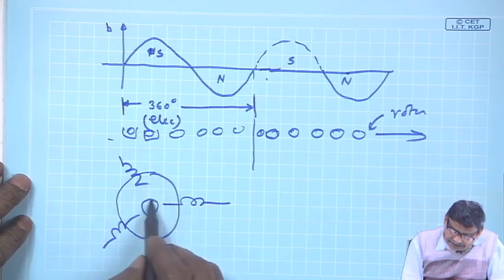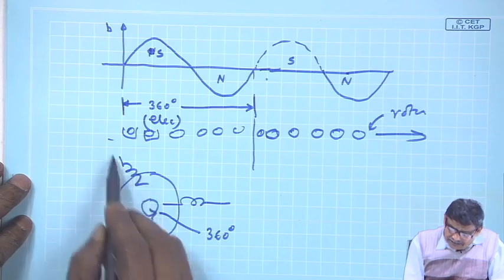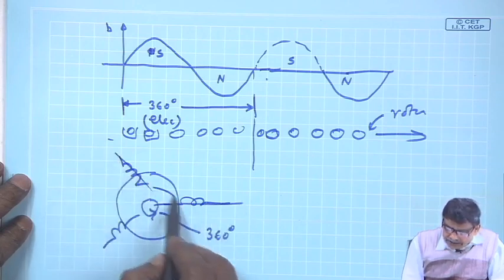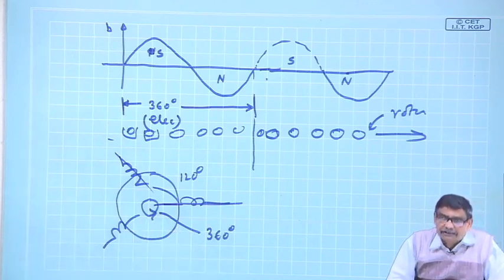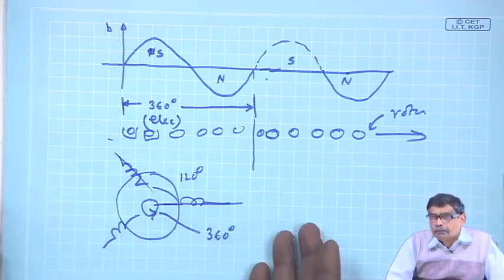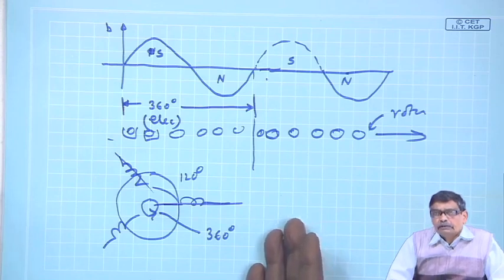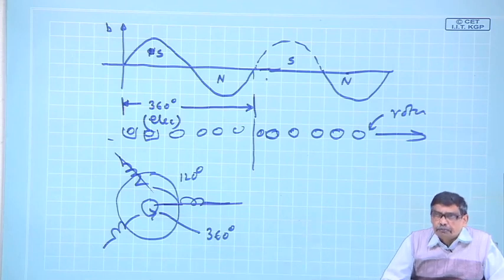This whole angle is 360 degrees electrical, and these coils are 120 degrees apart electrical. So, you measure everything in electrical terms and try to analyze the machine under a pair of poles, because nothing is going to change in the next pair of poles for a given instant of time.